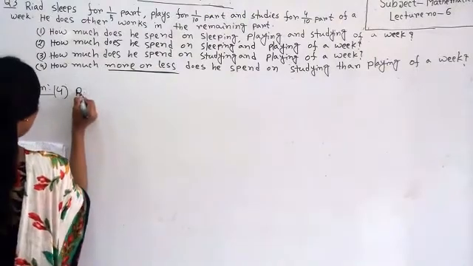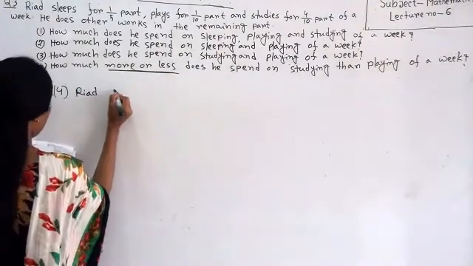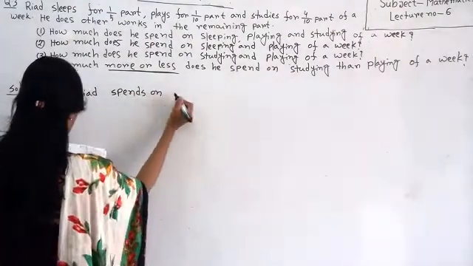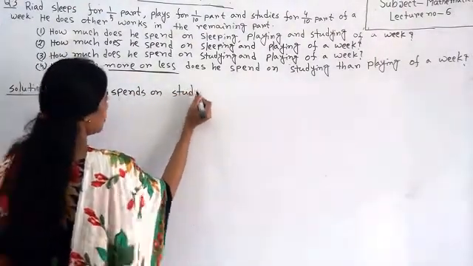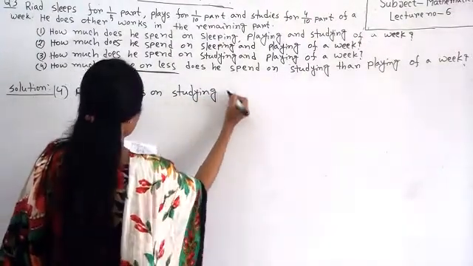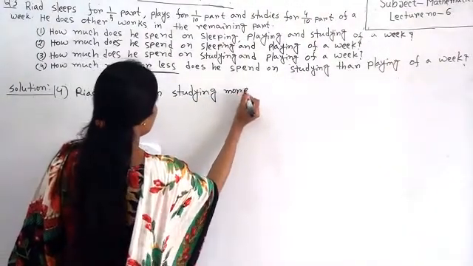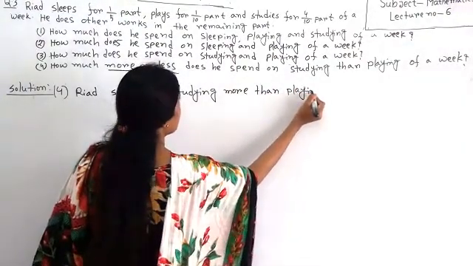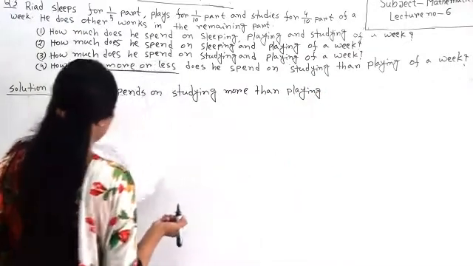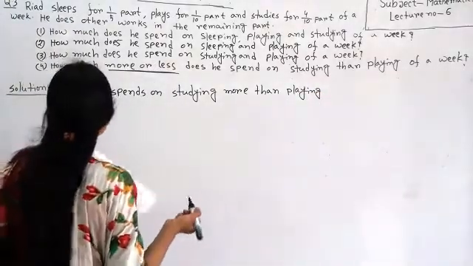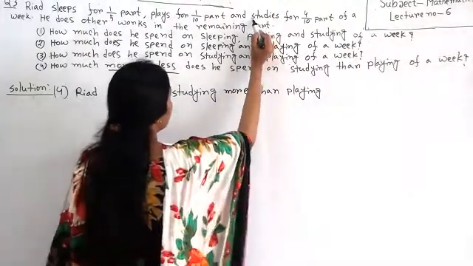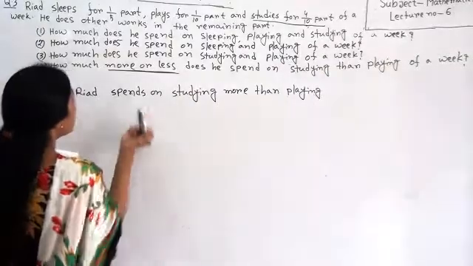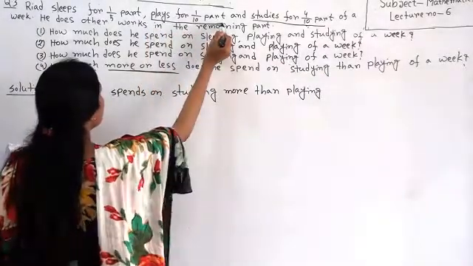Riyadh spends more on studying than playing, because Riyadh studies for 4 divided by 10 part of a week and plays for 1 divided by 10 part.